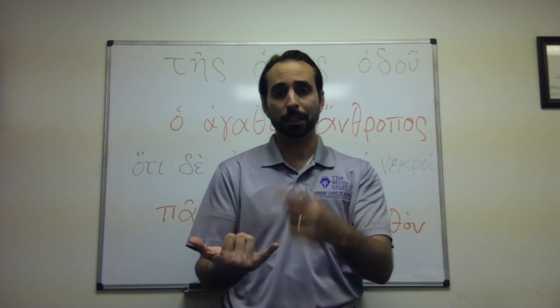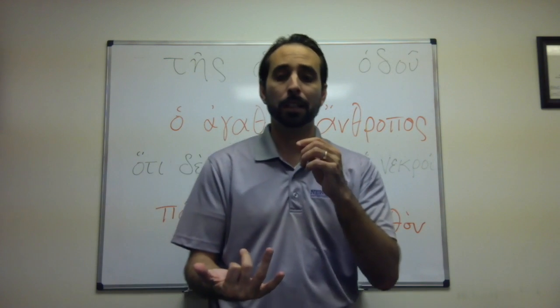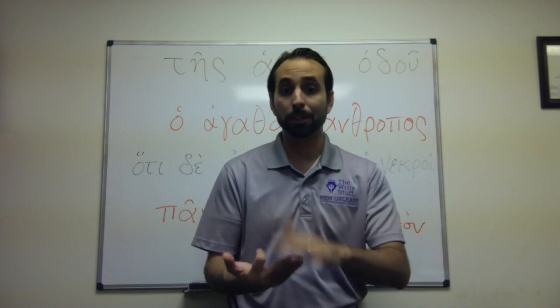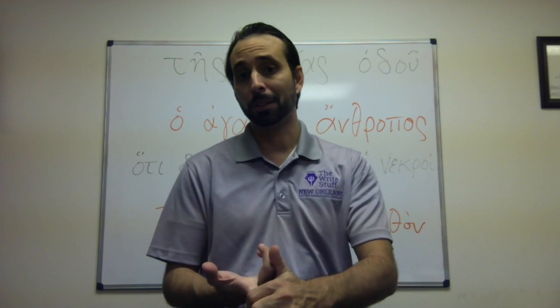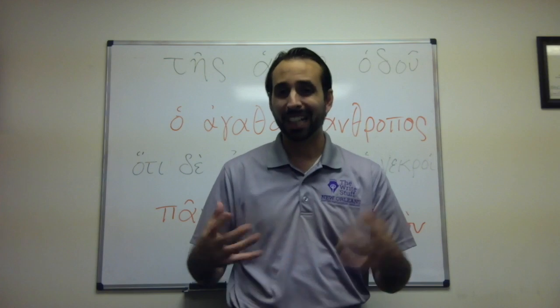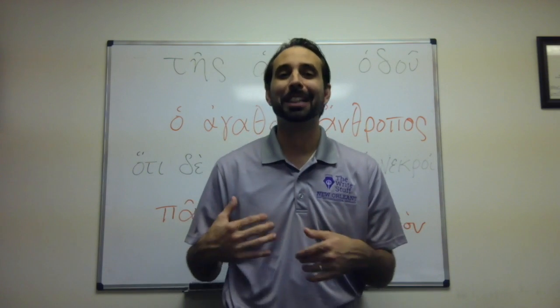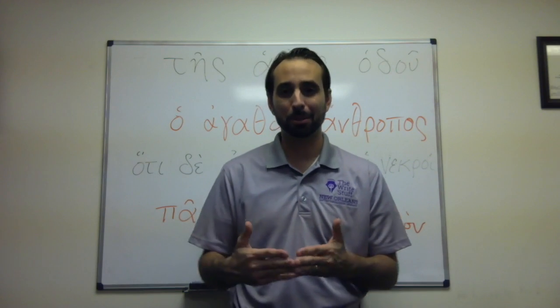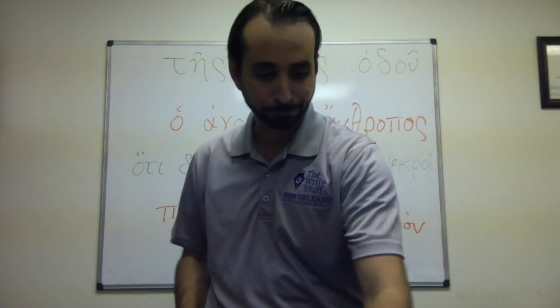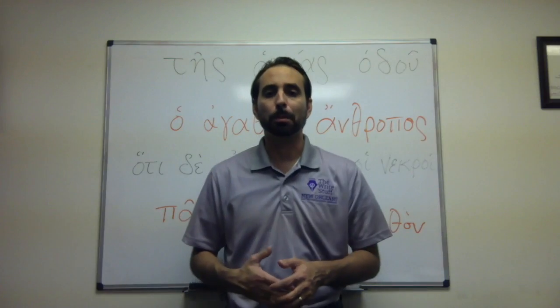Case being nominative, genitive, accusative, dative, gender being masculine, feminine, neuter, and number being singular or plural. So adjectives, kind of like articles, are going to function in concord with the noun that they are modifying.